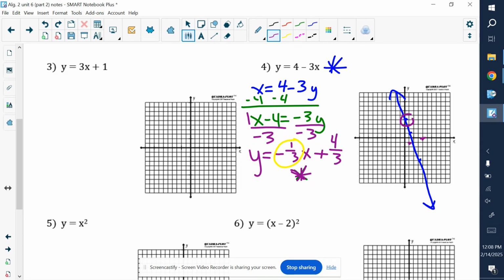Or I could have gone up 1, 3 to the right. Oops, I did a positive slope. Ugh, I went down and left. I should have gone down and right. Darn it.